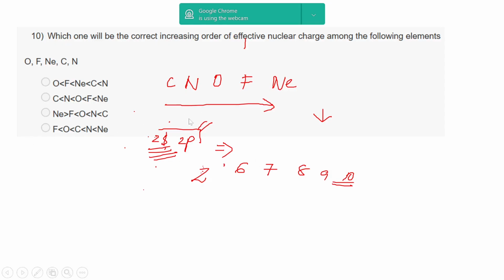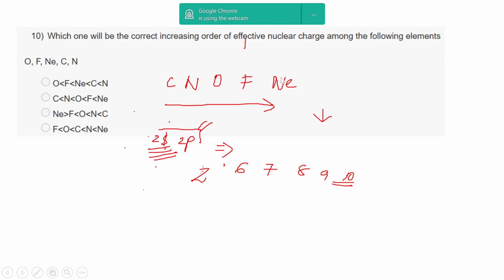So from carbon to Ne, the nuclear charge is increasing, and the number of electrons is also increasing, but the size of the shell is the same. Because the nuclear charge is increasing, the electrons are much more pulled towards it, which means the effective nuclear charge is also increasing in this order, right?